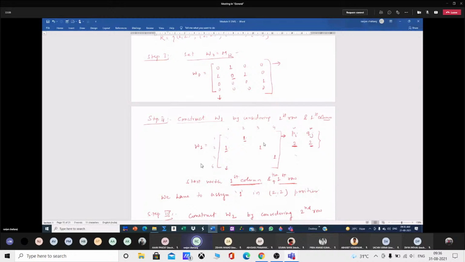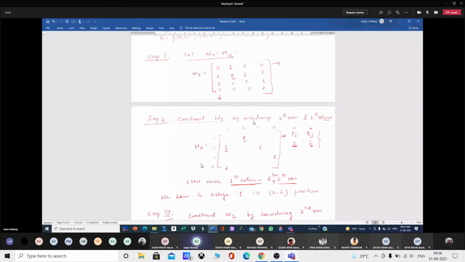Actually, it is in the second column, but since we are considering the first row, in the matrix Ij, I represents the row and J represents the column. So you see here it is the second column, this is the second row, so 2.